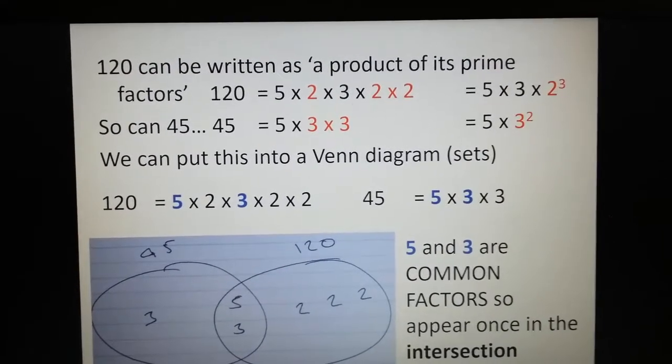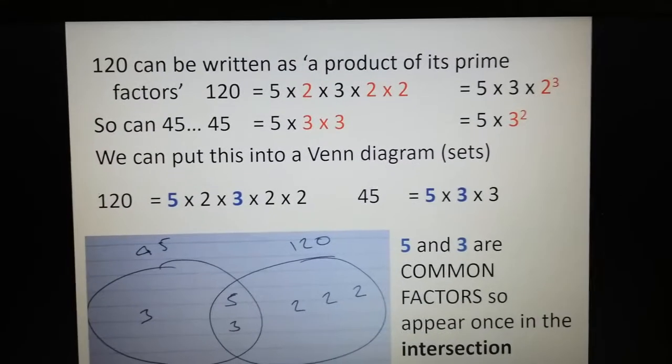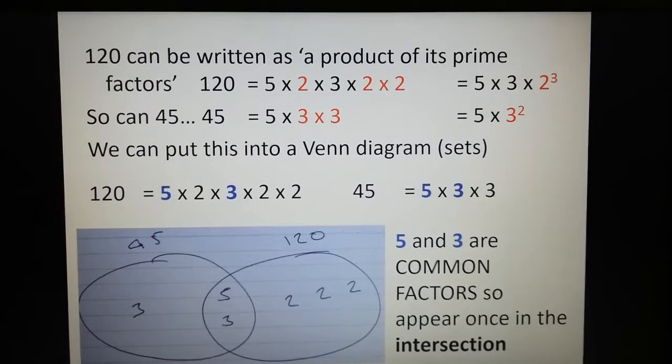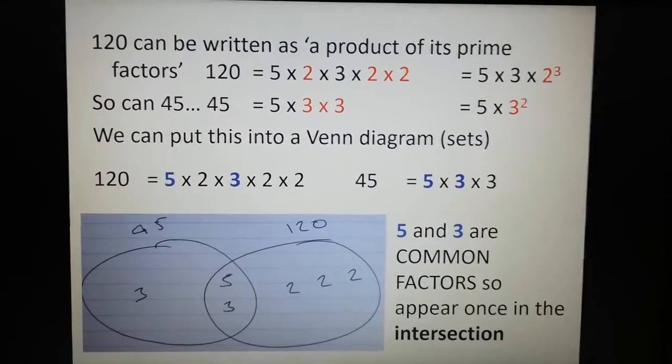And also we can see 45, which is 5 times 3 times 3, could be written as 5 times 3 squared. Don't need that for the piece of work we're doing at the moment, but it will come in useful later on.